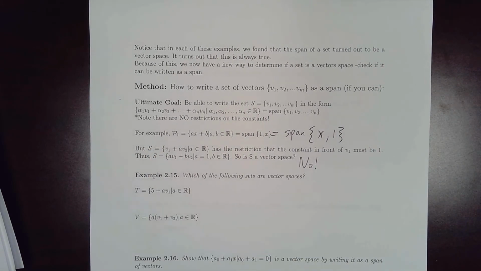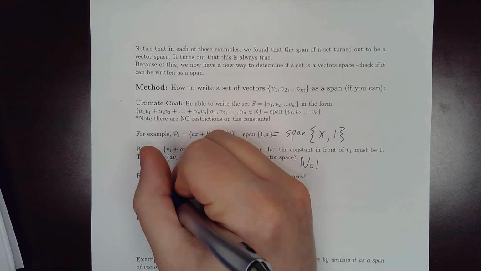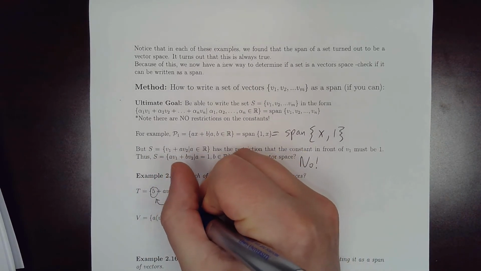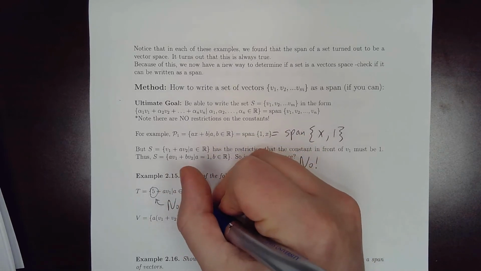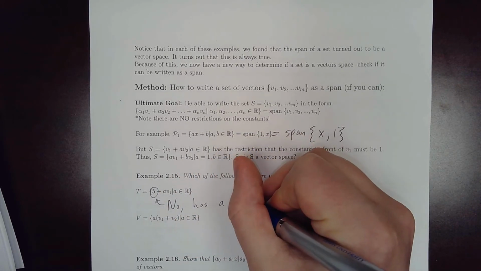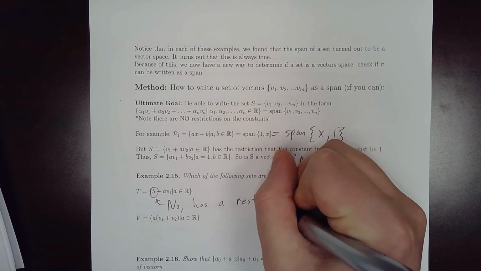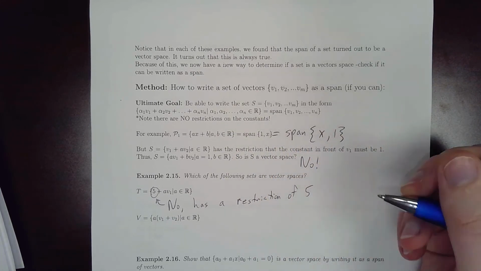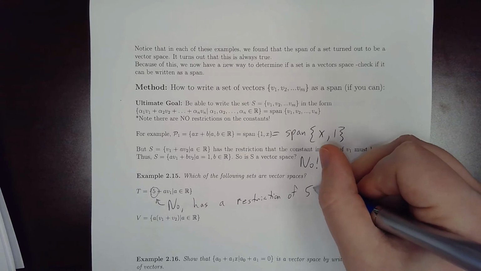So we can't write it as a span, so it's not going to end up being a vector space. If we looked at T, this has a restriction of 5. So this is not a vector space.